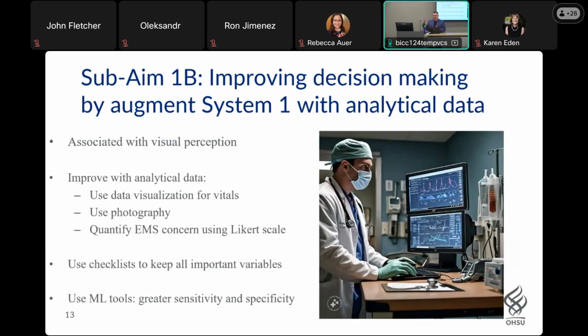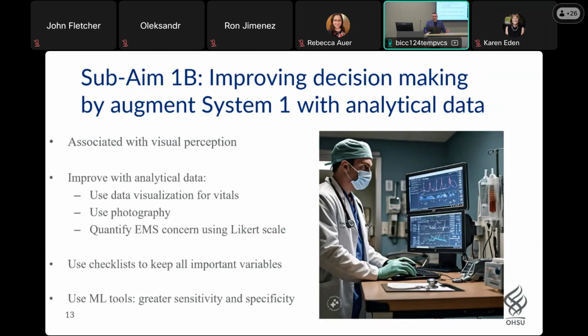So to take advantage of the system which is already activated during this process, we suggested using data visualization, and photography to contextualize the trauma, not only the injury, but what happened around the trauma, like a motorcycle crash or car damage, especially to the front of the vehicle.